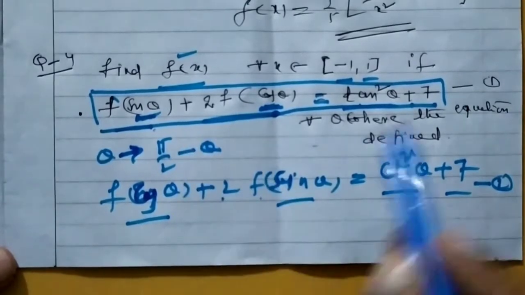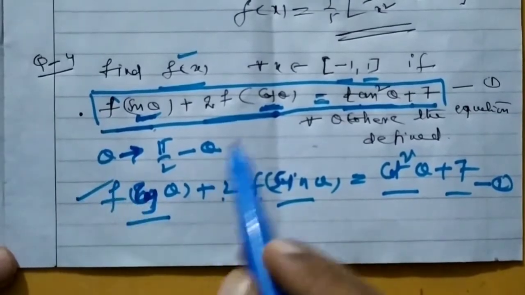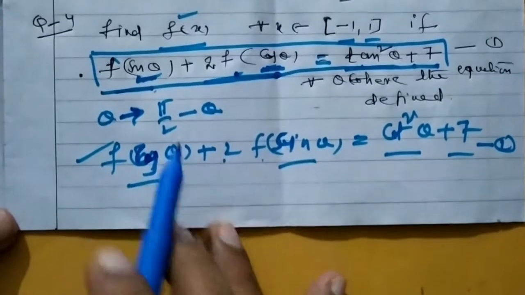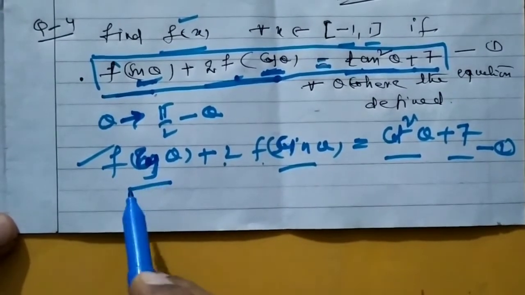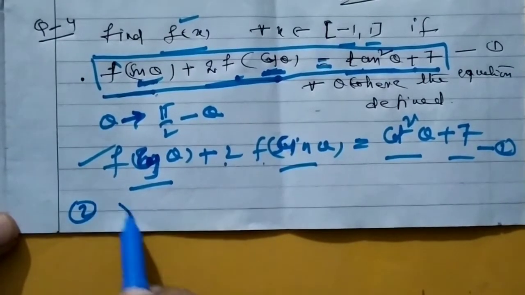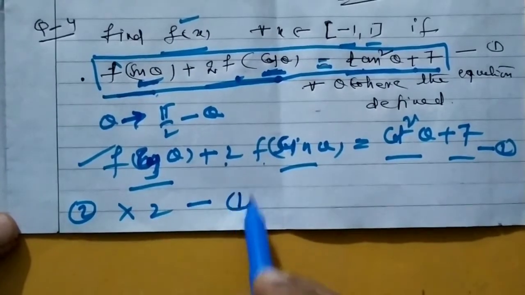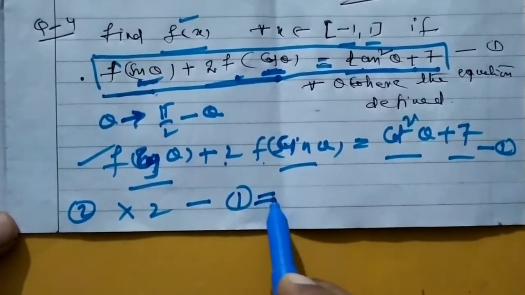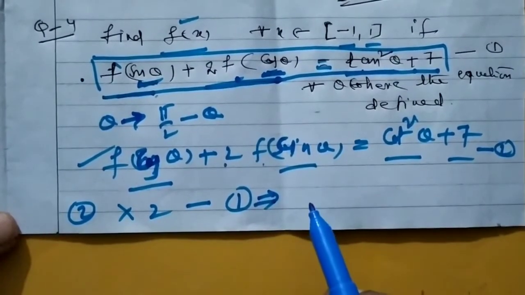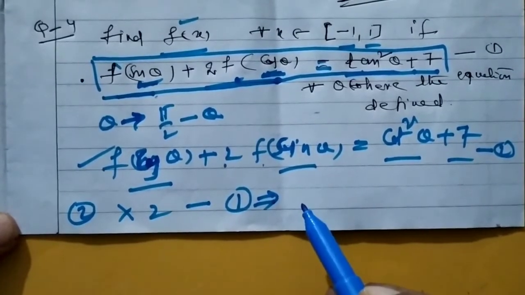Now using these two equations we can easily eliminate one quantity, either the cos theta term or the sin theta term. To eliminate the cos theta term, in a similar manner as the previous case, equation 2 is multiplied by 2 and equation 1 is subtracted. By doing this, f of cos theta is cancelled and you will finally get f of sin theta.